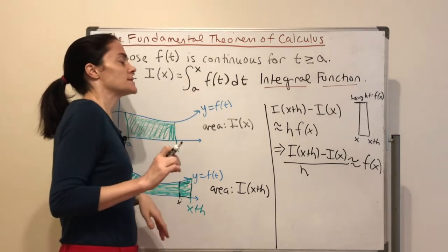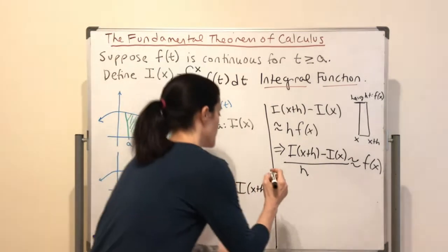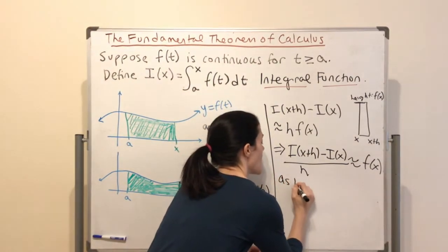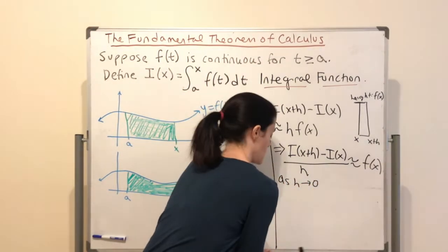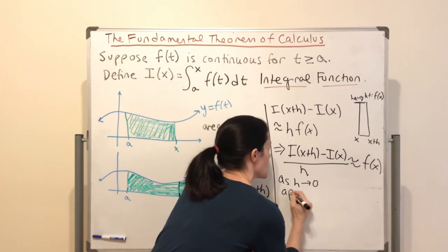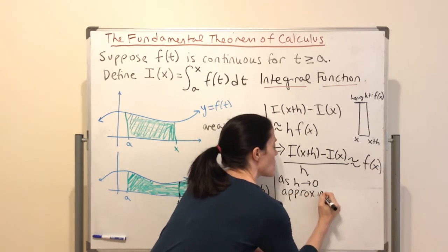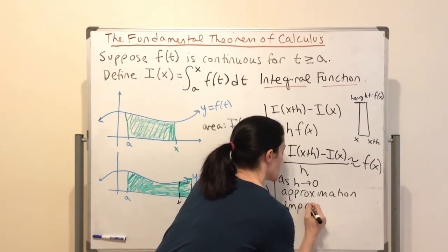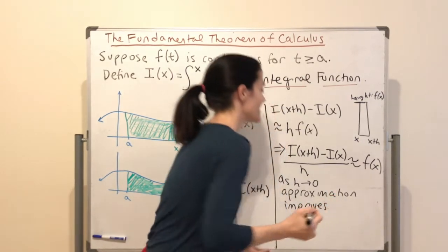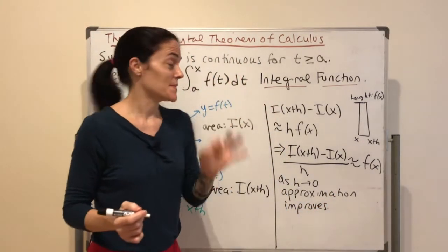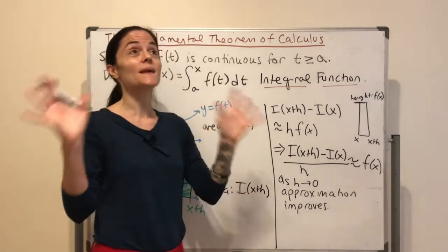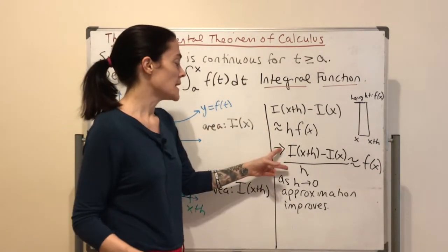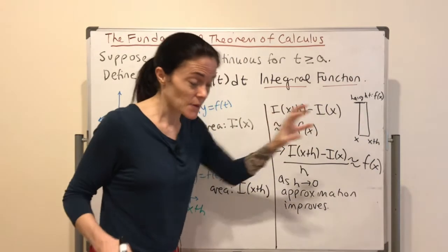Now, I will just say, as h approaches 0, the approximation improves. What we get from this, well, if we take a limit as h approaches 0, it actually equals f of x.